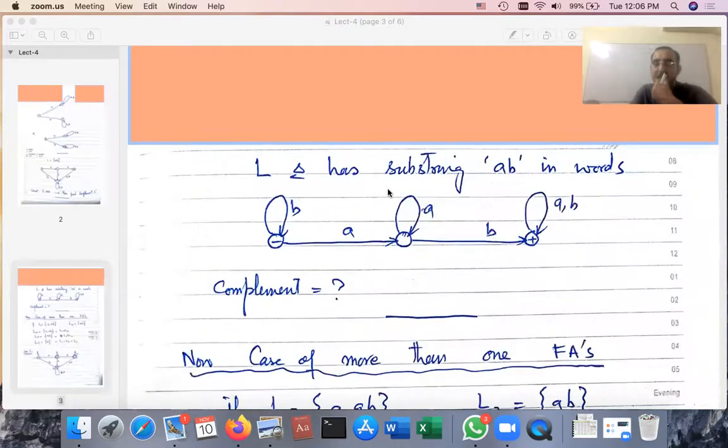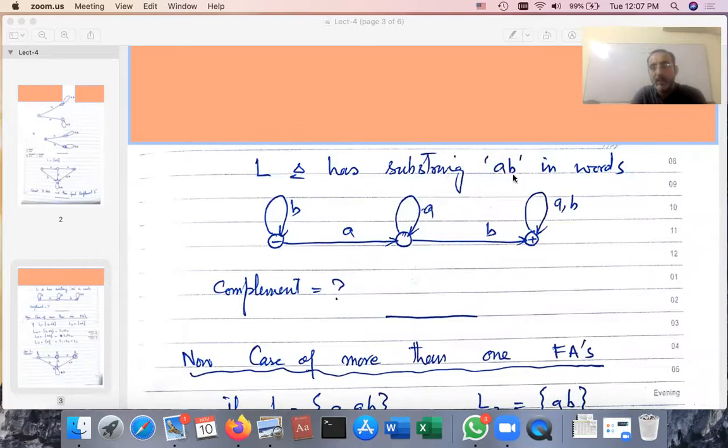Now this is another example for you for your homework. If you have a language like this, the language has a substring AB in words. It means that you have the language and the strings of that language, and those strings can contain any A and B, but there should be some fixed pattern AB as you are seeing on this screen.